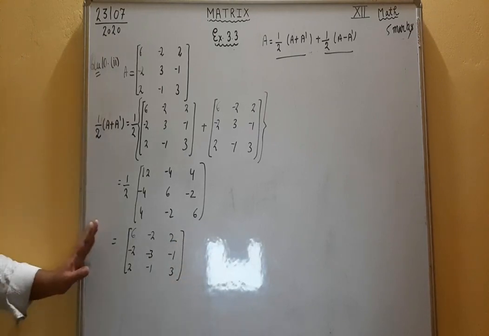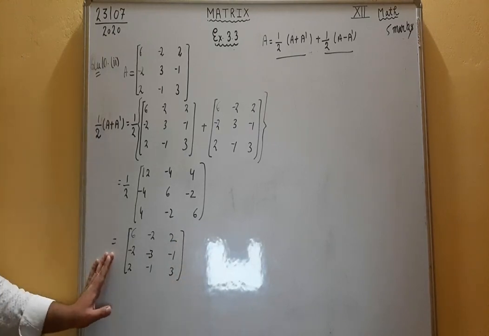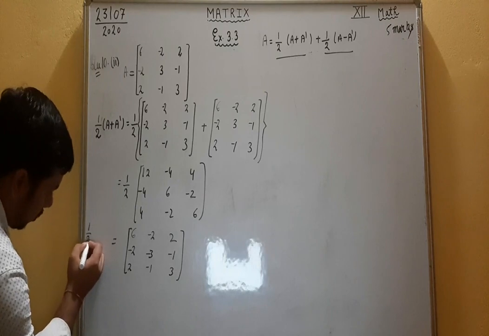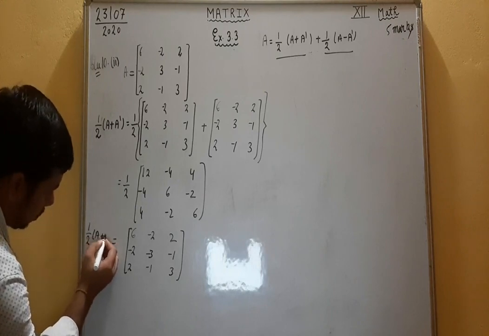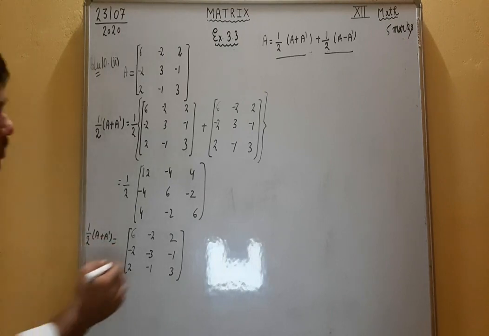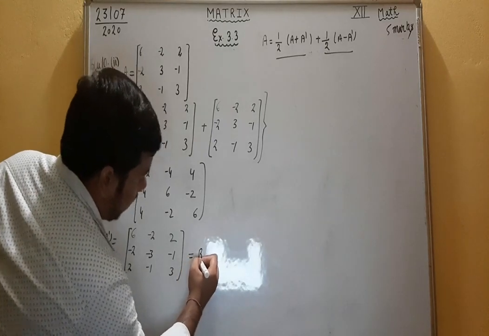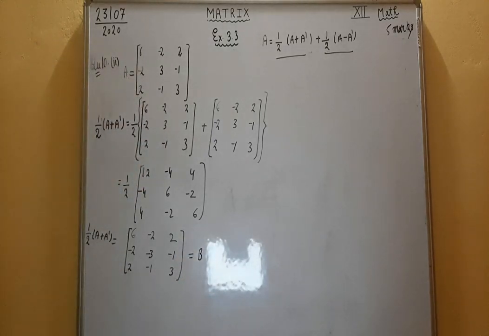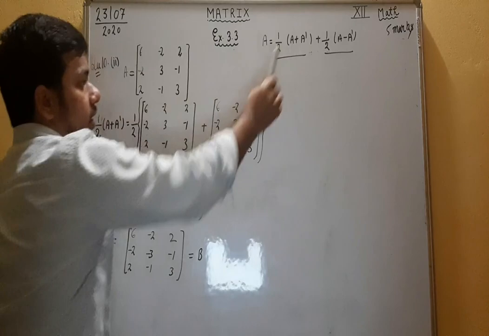You can prove this is the symmetric matrix. Okay, half A plus A dash. Give it the name B. Right? Now find A minus A dash.